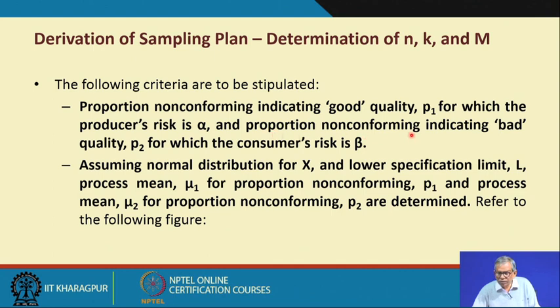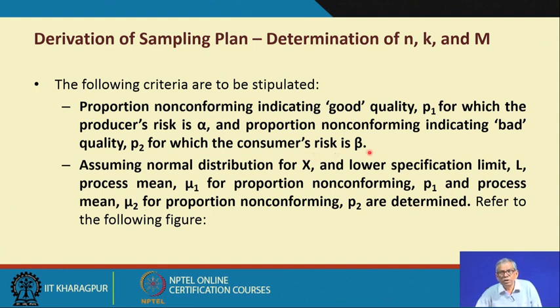And proportion non-conforming indicating bad quality. If the proportion non-conforming increases, obviously it is indicative of bad quality. That value you must be able to specify, like say 0.04 or 0.05 or 0.06. That means 6% non-conforming is considered to be very bad quality, for which the consumer's risk is beta.